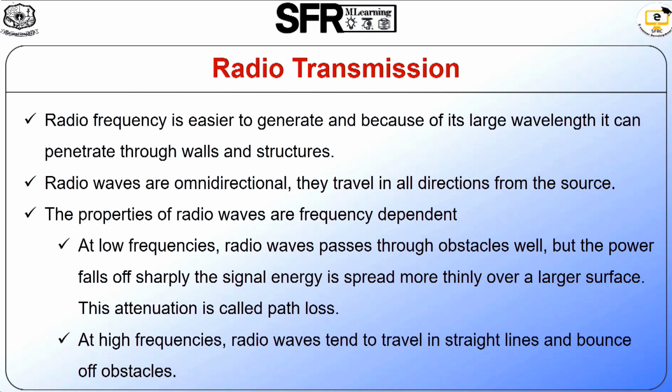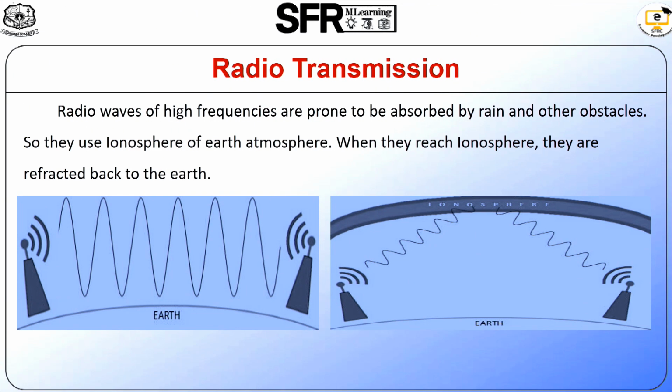For high frequencies, the radio waves tend to travel in straight lines and bounce off obstacles. Radio waves of high frequencies are prone to be absorbed by rain and other obstacles. So, they use the ionosphere of the earth's atmosphere to tolerate the problem. When they reach the ionosphere, it can refract them back to the earth again.